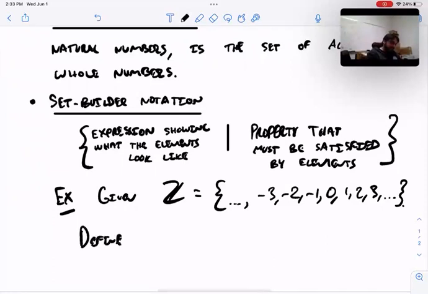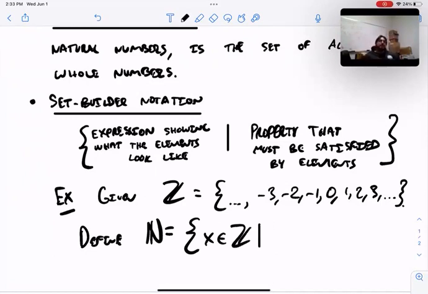You could say that the natural numbers consist of the set of all numbers x, where x is pulled from the integers, but I only want the integers that satisfy a certain property: I just want the integers that are greater than or equal to 0. This would be equal to the set of natural numbers. It's the set of all integers that are greater than or equal to 0. That's one way that you could define the naturals.